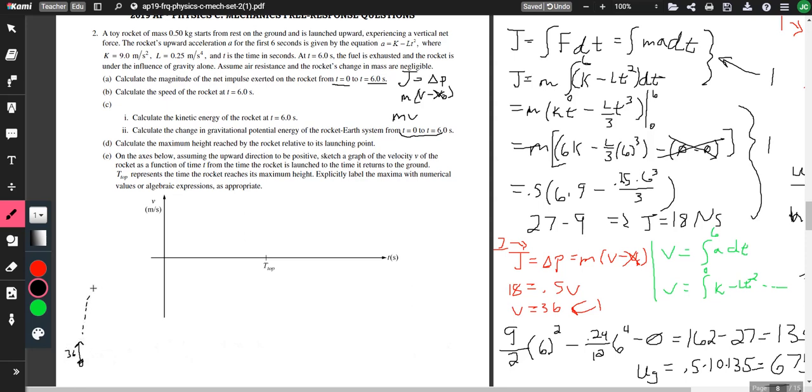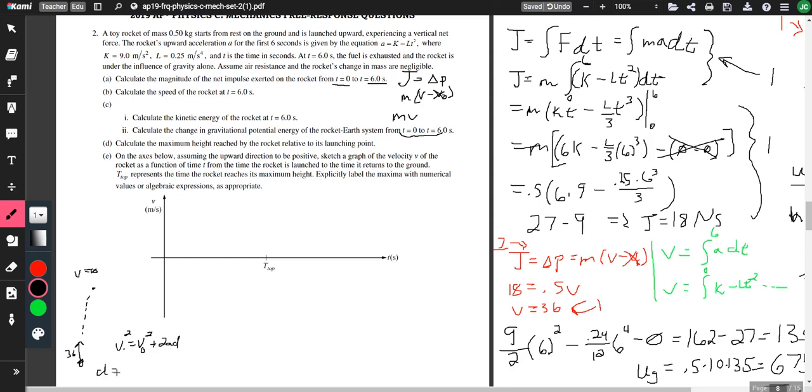And it's going up to its max height, where its final speed is going to be equal to 0. So I can use the timeless equation. Solve for the distance. Actually, I probably could have used energy too if I wanted, but I'm doing this anyway.